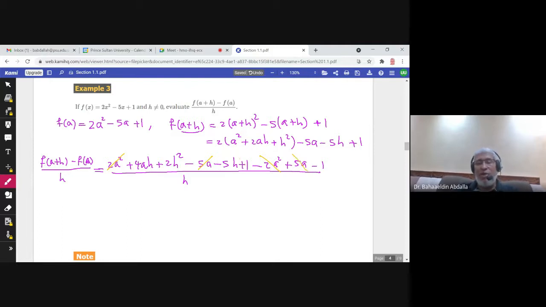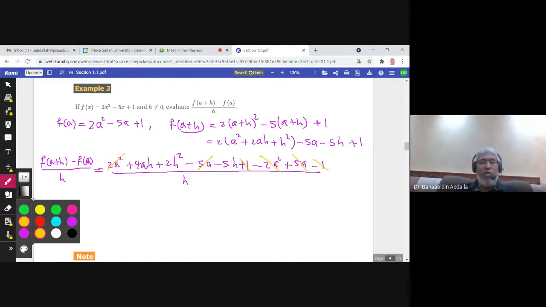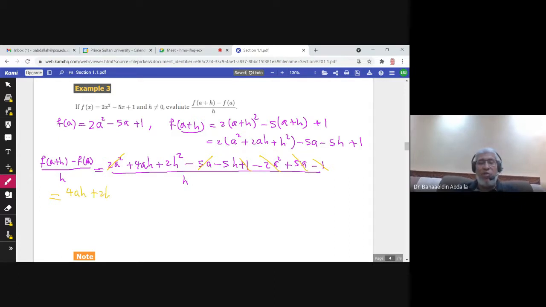The 1 has no h, so you must also cancel this number. Otherwise, you made a mistake here, okay. So now what would you have? We will have 4ah plus 2h squared minus 5h, that's it, okay, over h.